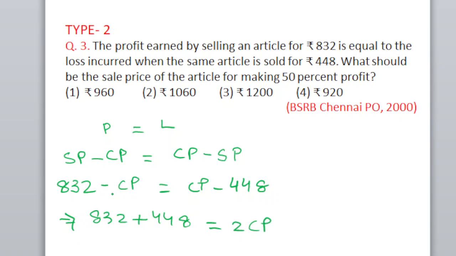Now here this minus CP comes to this side and it becomes plus CP. So CP plus CP, that is 2 CP. Now this implies 1280 is equal to 2 CP.